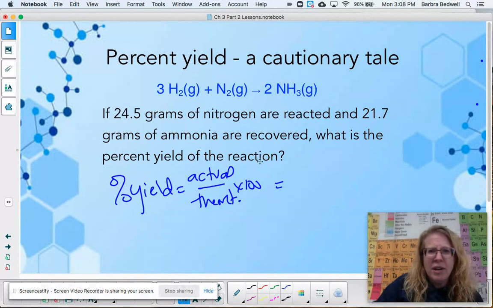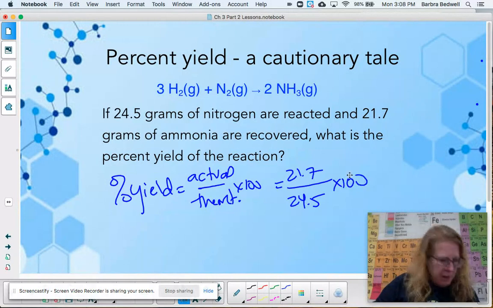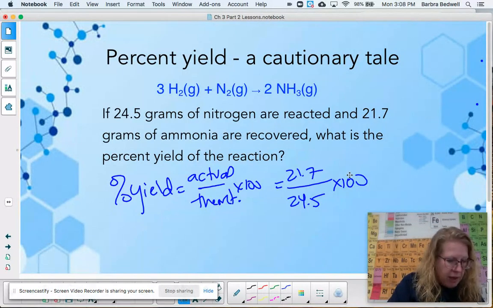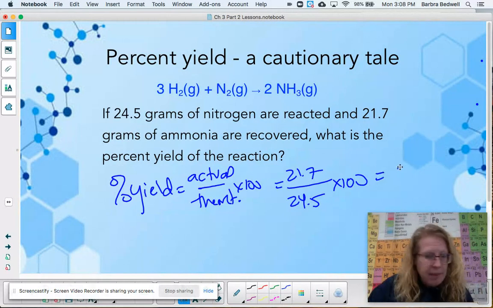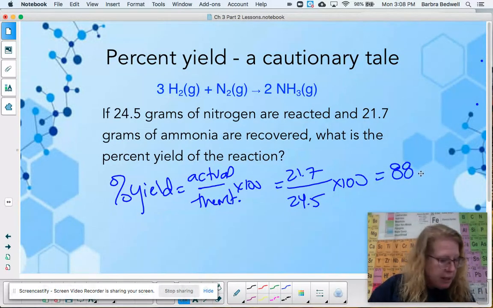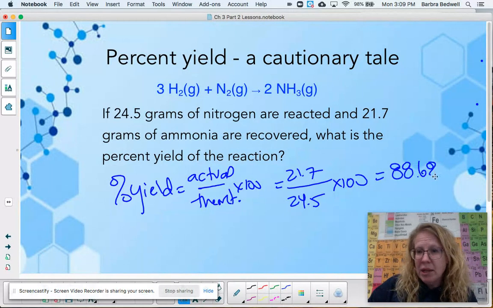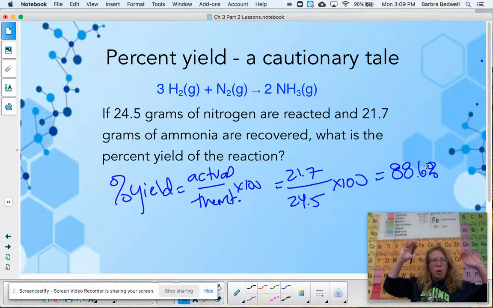Then they'll say, okay, I've got two numbers, 21.7 divided by 24.5, times 100, and they'll get 88.6% yield. Done. I'm stoked.